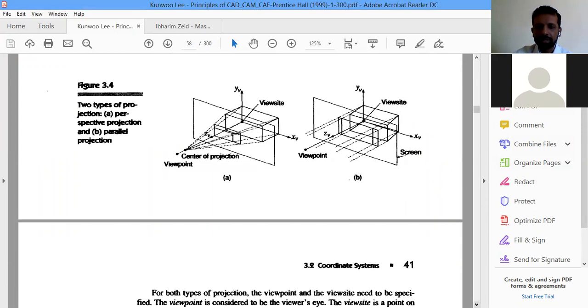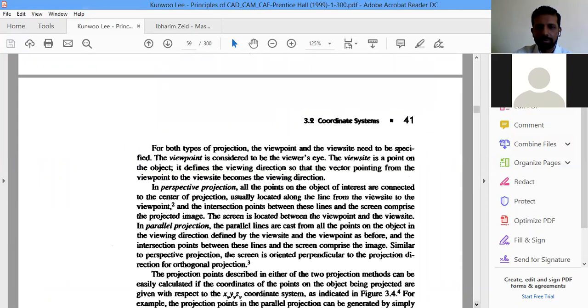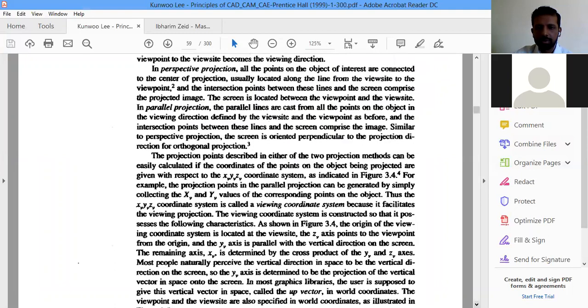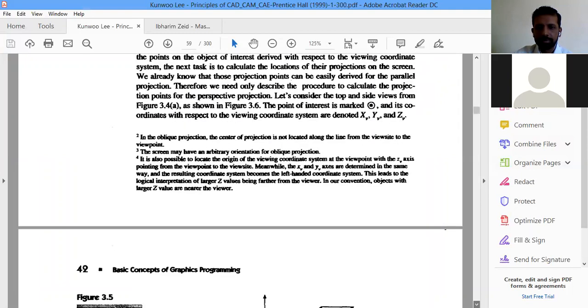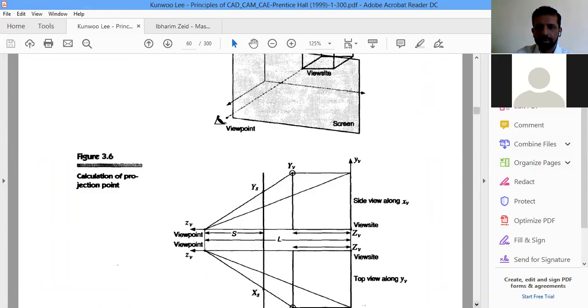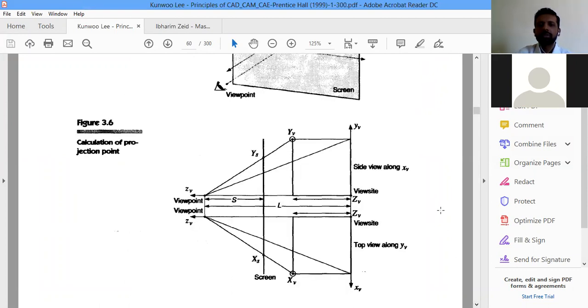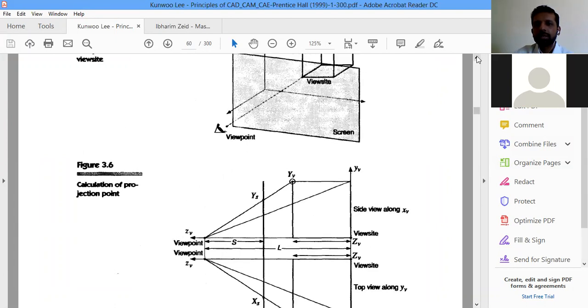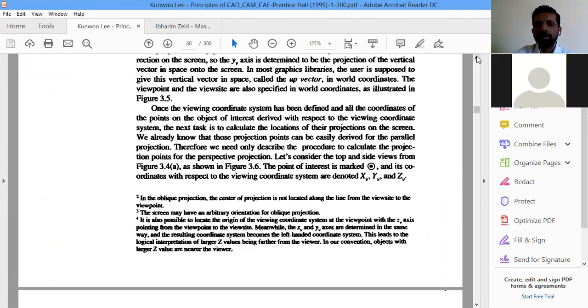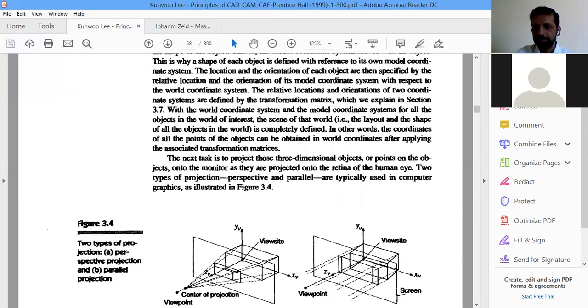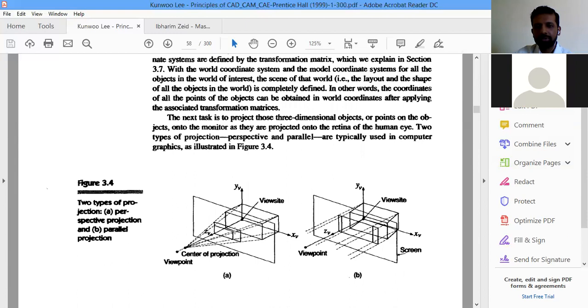So the next thing is, we have seen over here in the perspective projection, this is the actual size of the model, but it is going to be diminished when it appears onto the screen, right?